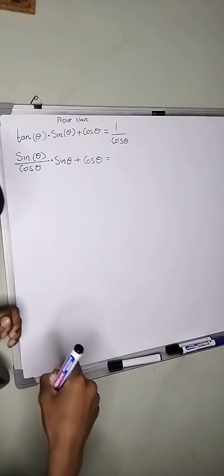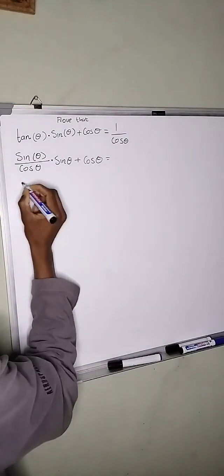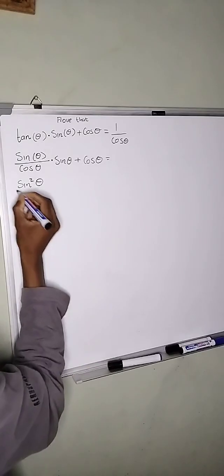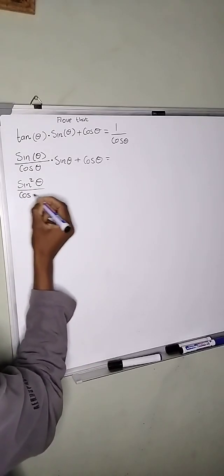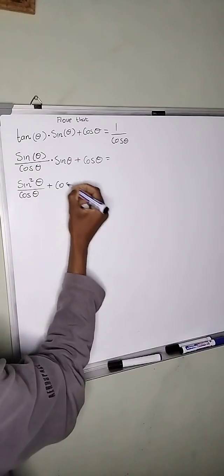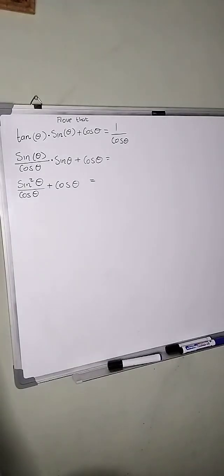So now these two will multiply each other, so we'll have sine square theta over cos theta plus cos theta, which is equal to the right hand side, right?